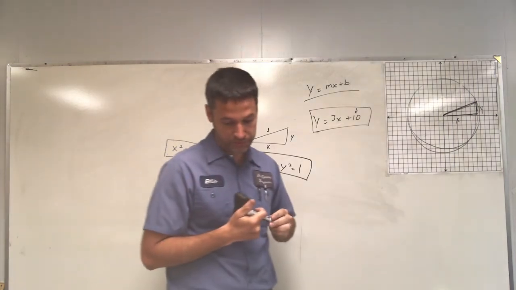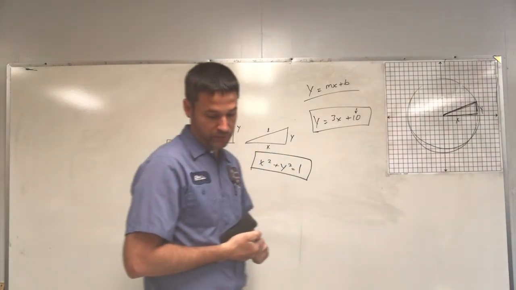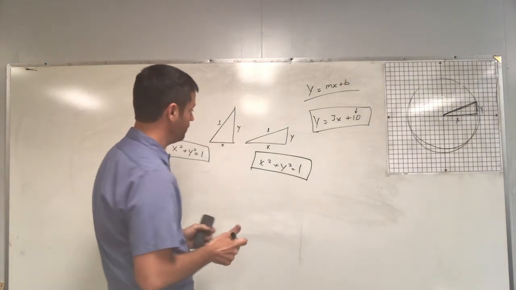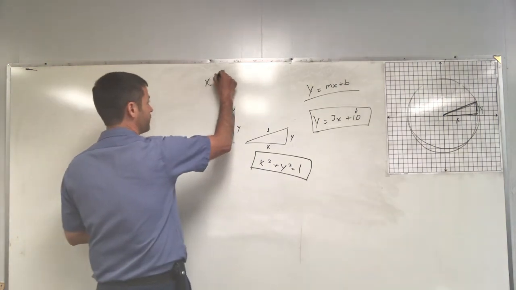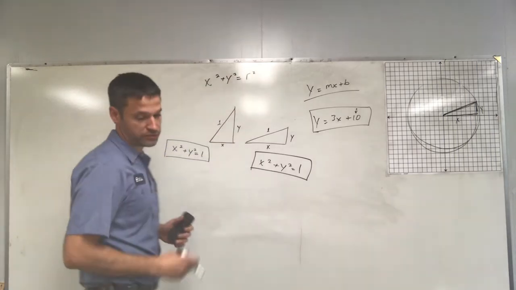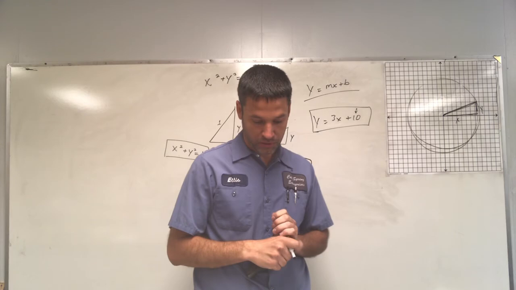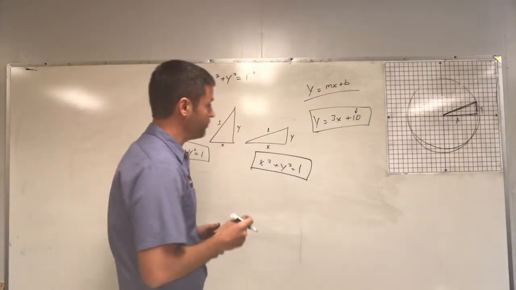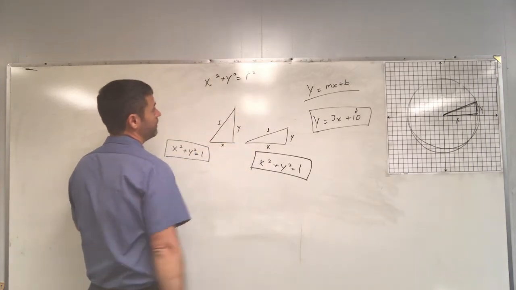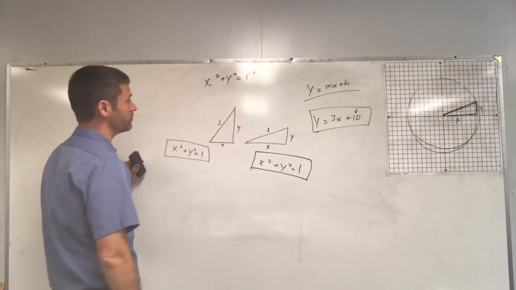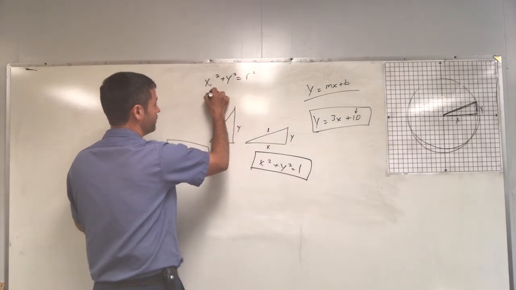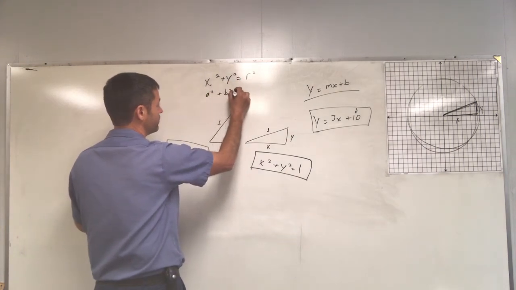And to generalize, then, for any circle with a radius of r, the equation is x squared plus y squared equals radius squared. And you can see how the radius squared is just another term for c squared. So the Pythagorean theorem, a squared plus b squared equals c squared.